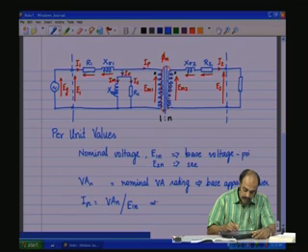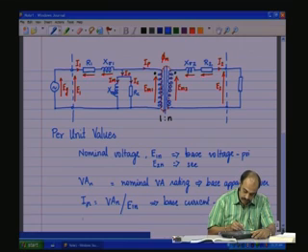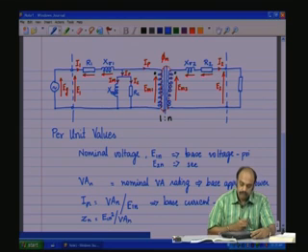This would be taken as the base current for the primary, and the base impedance Zn, or the nominal impedance, if it is for the primary side, is E1 square by VA nominal.